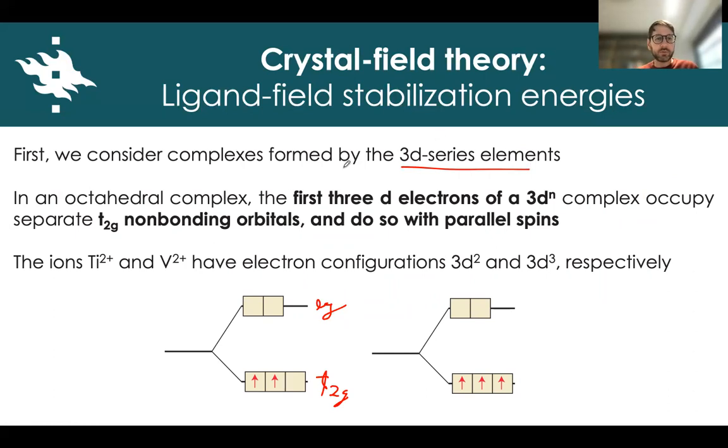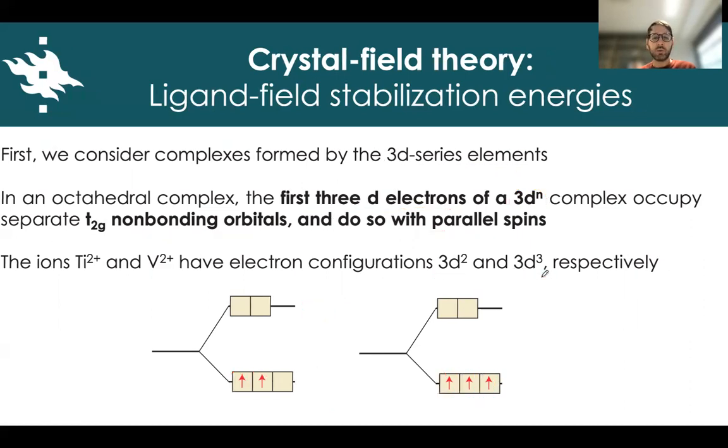So if we have an octahedral complex, and then we have configurations from d1 to d3, the first 3 d electrons in a 3d^n complex will occupy separate T2g non-bonding orbitals with parallel spins. So the only possible configurations are these for d2 here, so we have 2 electrons, and d3 here, in which we have 3d2 and 3d3 respectively.